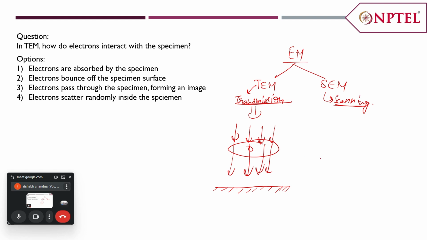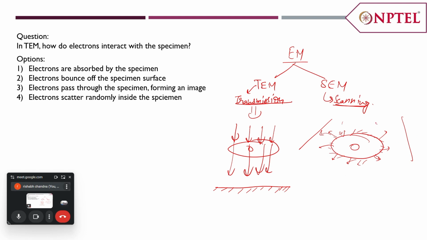Now, in case of SEM, that is scanning electron microscope, what will happen? We make the specimen conductive so that once the electron comes to it, it will bounce back and form an image. Here the detectors would form a shadow of the electrons from the sample and show how the specimen looks like.